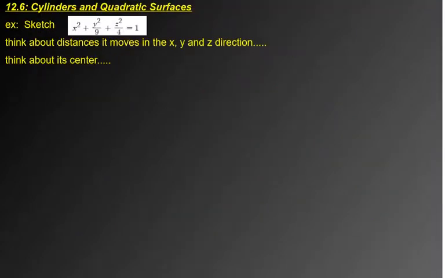So the first ones I want to talk about are what we call the quadratic surfaces. In this example, basically, if I blanked out this z term, it has the exact structure of an ellipse because you have a 1 under the x squared and a 9 under the y squared, so it's going to actually be an ellipse that moves more in the y direction than the x direction.